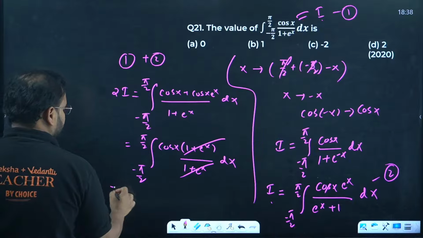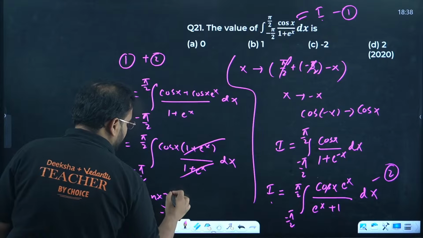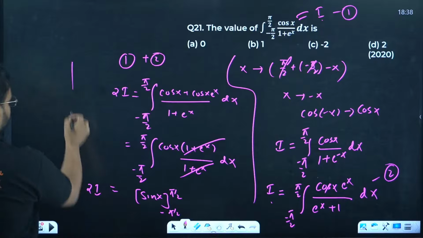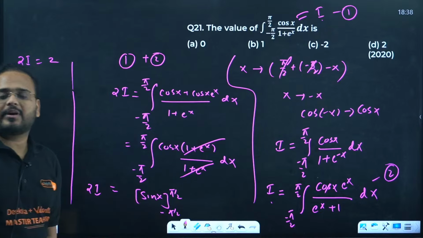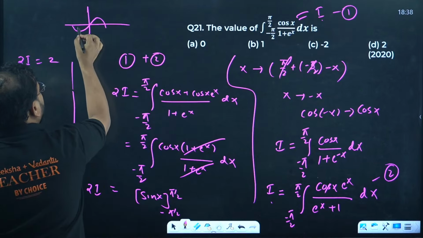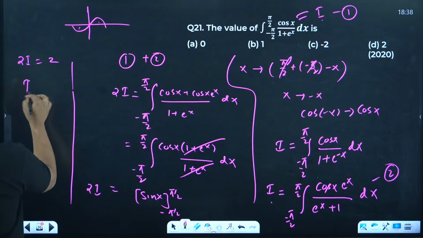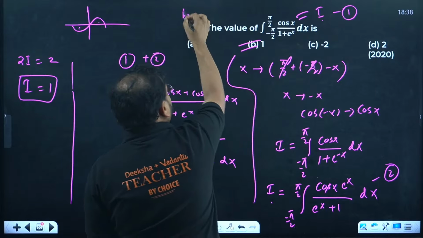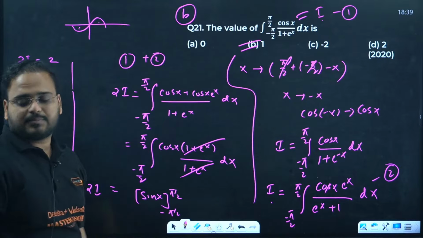Cos x integration is nothing but sin x from minus pi by 2 to pi by 2. This is 2I. We know this value will be 2 because of the graph of sin x: at this end and at that end the values will be 1 and 1, so the total sum becomes 2. So you have the I value as 1. Answer is option B. If you don't do the graphical approach, substitute also: sin pi by 2 is 1, minus of minus 1 becomes plus, so 2.